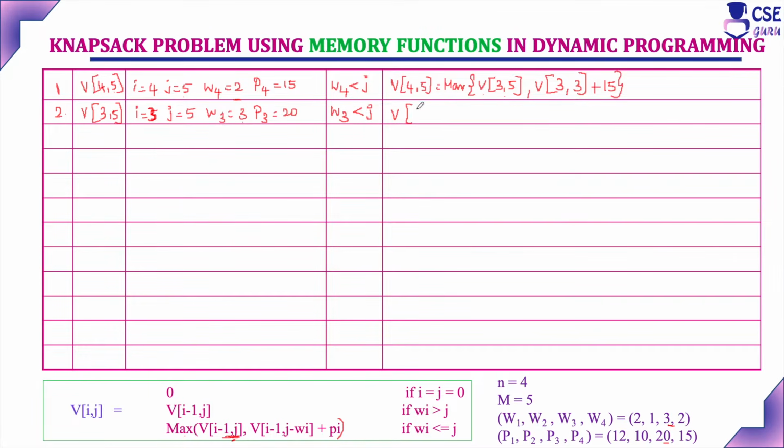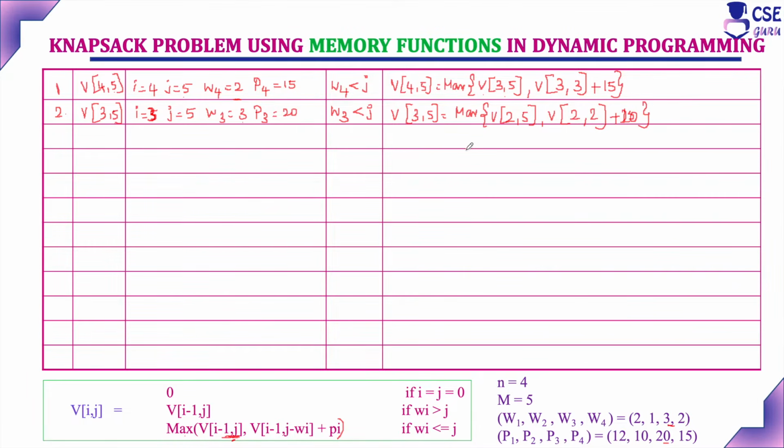So V of 3 comma 5 equal to maximum of V of I minus 1 comma J. I is 3, 3 minus 1, 2, comma J is 5, comma V of I minus 1, comma J minus WI. That is 5 minus 3. So 5 minus 3 in the sense 2. Plus profit of the third object is 20.